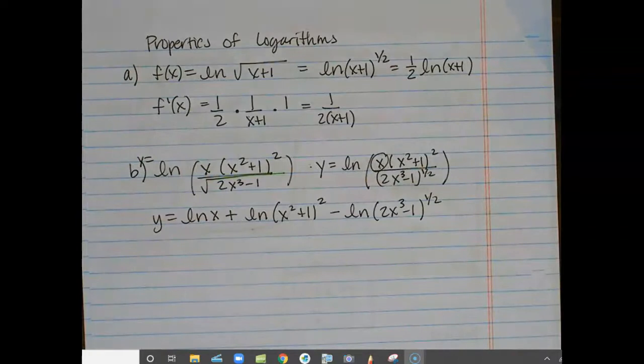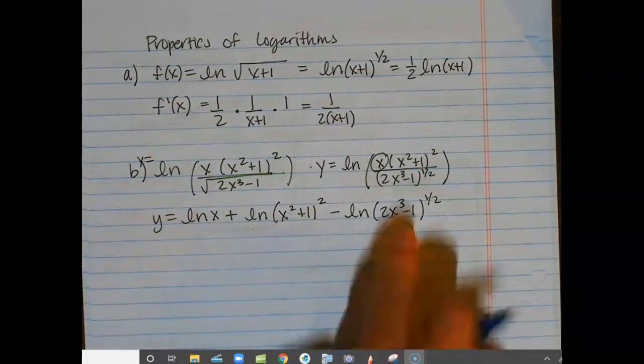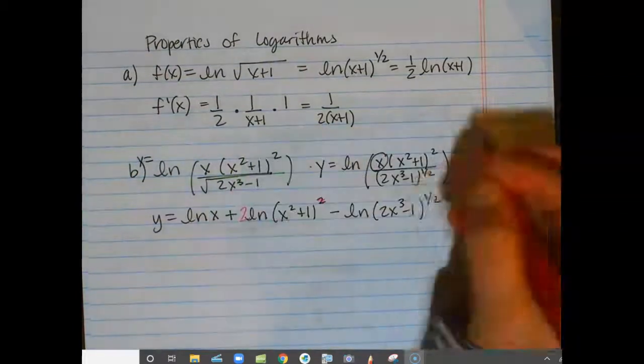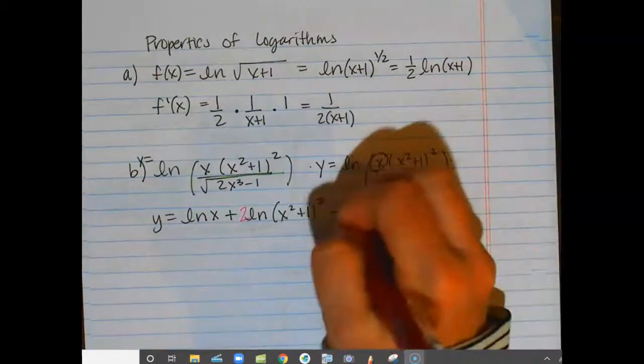So those are properties of logarithms that we did definitely last year in pre-calculus. We might have hit it just a little bit at the end of the year in Algebra 2. And we can do one more step here. We could put this 2 in the front, and we could put this 1/2 in the front.